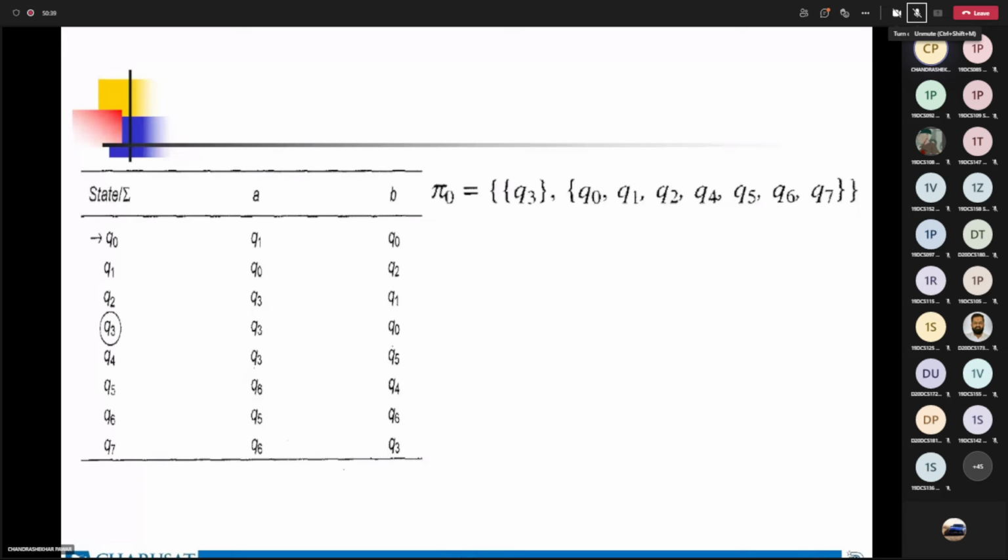Okay, thank you, Pujan. Correct set, that is a pi 0. So prepare the pi 1 fast.